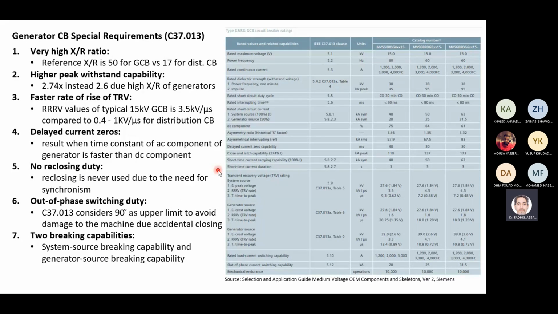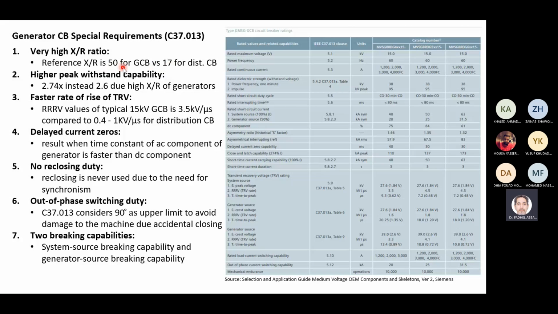There are special requirements for generator circuit breakers. Generator circuit breakers have a higher X to R ratio. The standard specifies, as I told you, 45 milliseconds or an X to R ratio of 17, while for generator circuit breakers it can go up to 50.